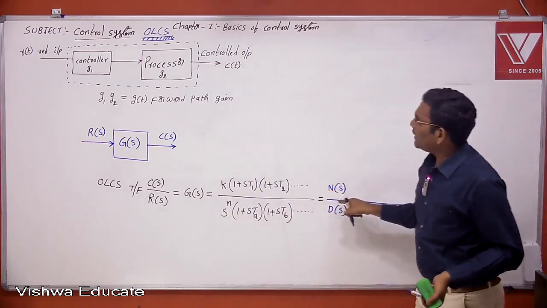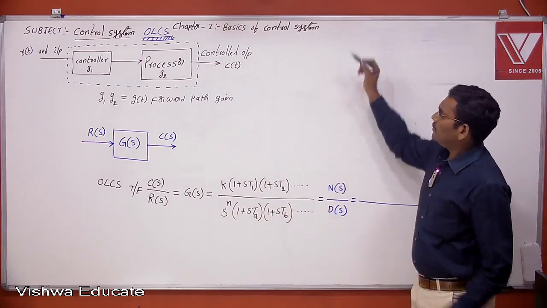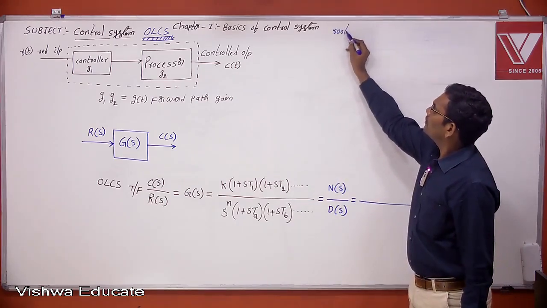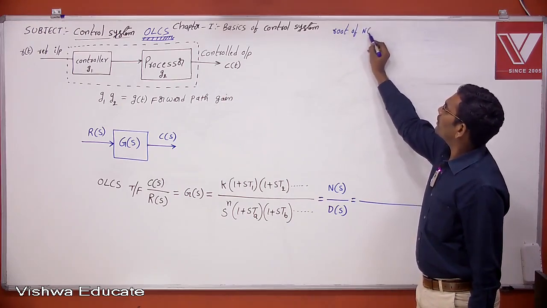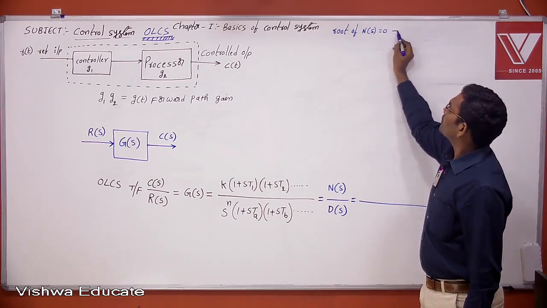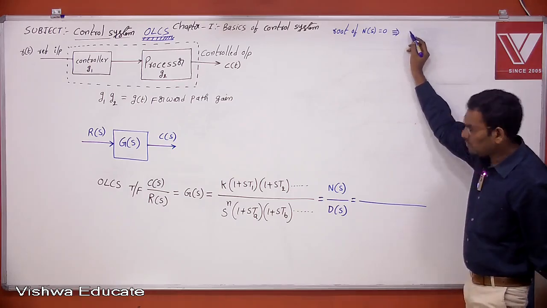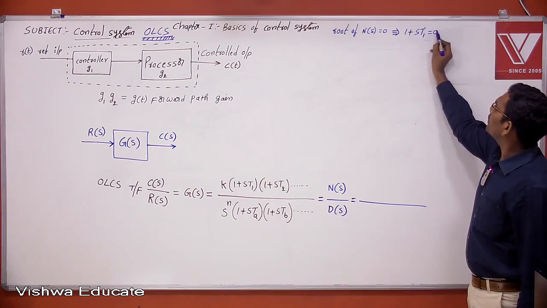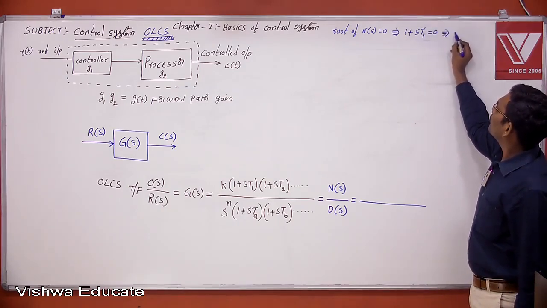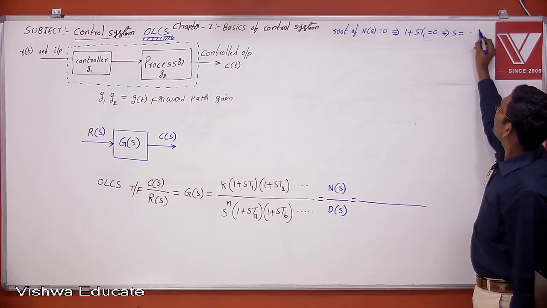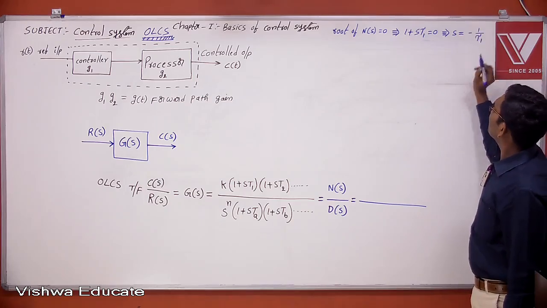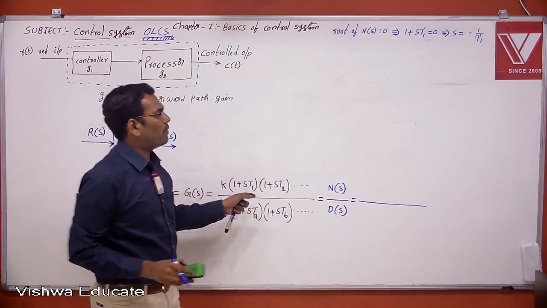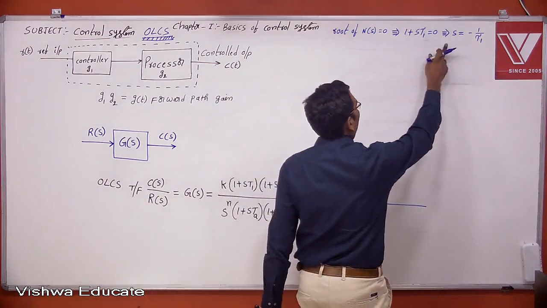What is the root of the numerator polynomial? 1 plus s t1 equal to 0. Therefore, s equal to minus 1 by t1. Now see here, this is one of the roots of the numerator polynomial.